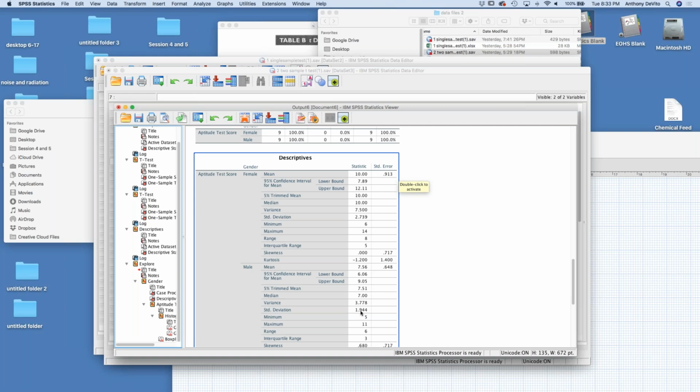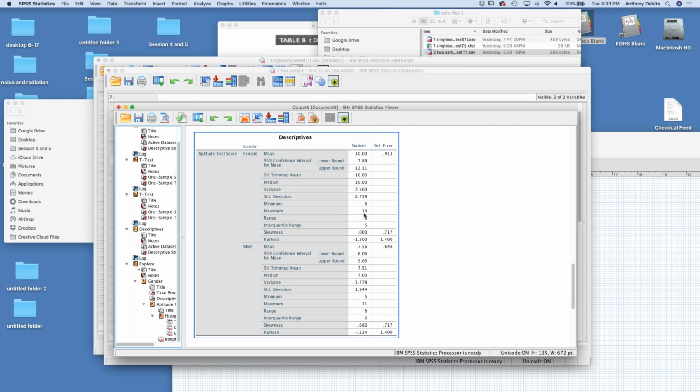So normally, I would have to make a decision now about whether to consider these 2 standard deviations different or the same. If I can say that they're not different, that they're similar enough, in other words, one is not double the other, if I can say that they're close enough, I can then combine the 18 scores to calculate a single standard deviation and a single standard error to use in my calculation for a t-score.